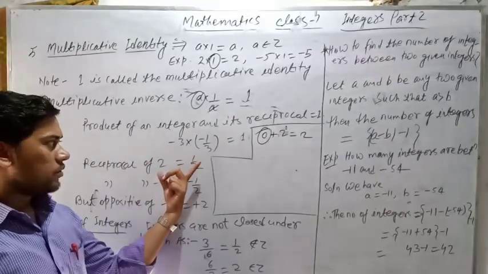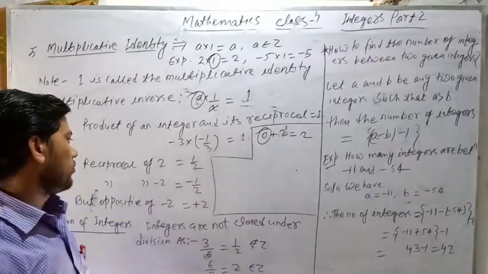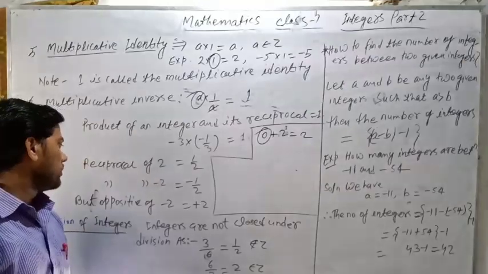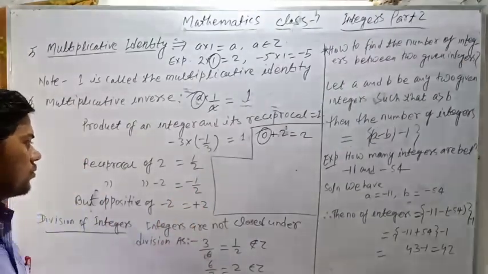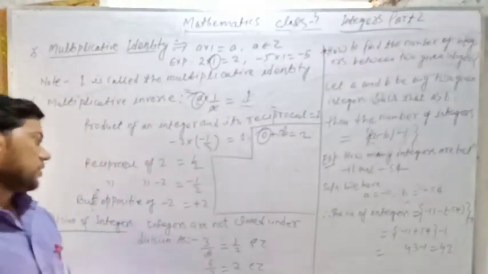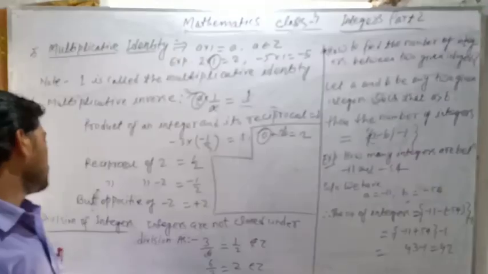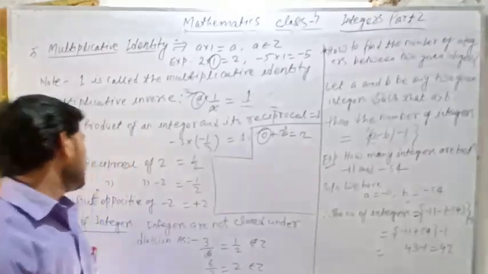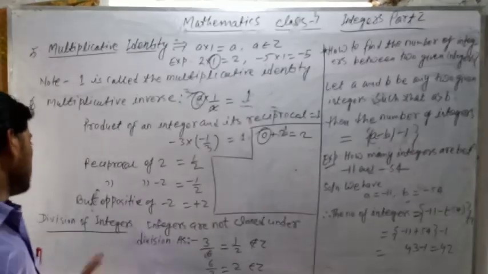Its reciprocal will be minus 1 upon 3 and the product will be 1. Reciprocal of 2 is 1 upon 2. Reciprocal of minus 2 is minus 1 upon 2. But the opposite of minus 2 is plus 2. Additive inverse of minus 2 is plus 2. Negative of minus 2 is equal to 2.